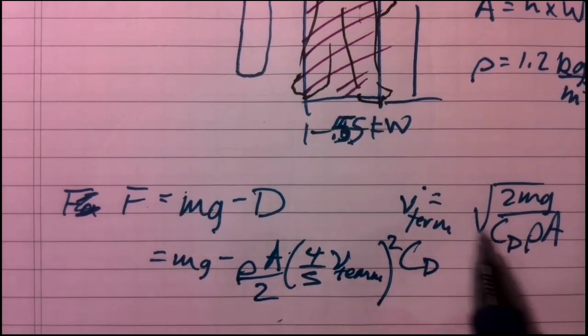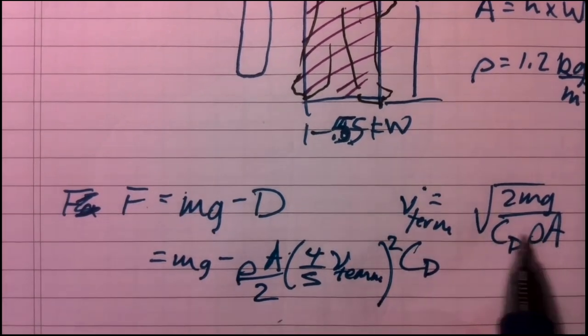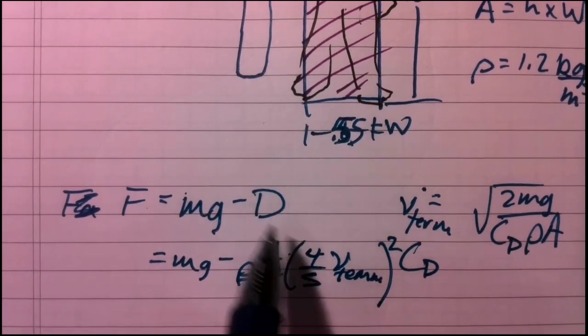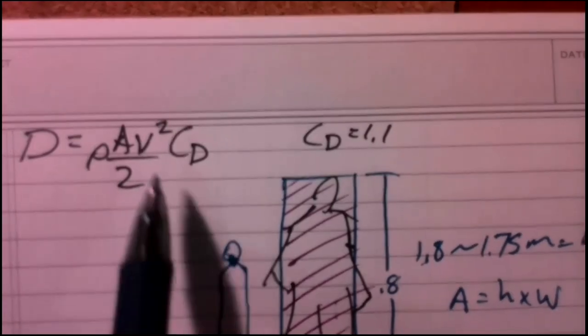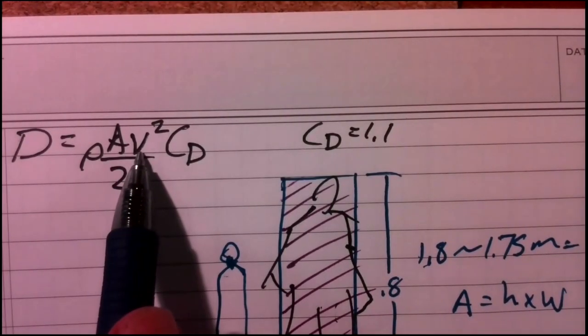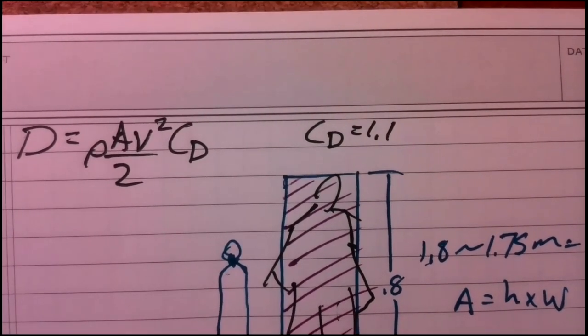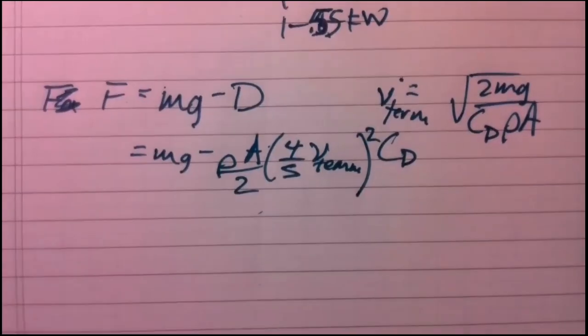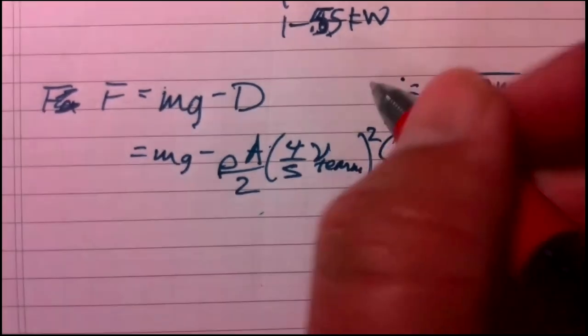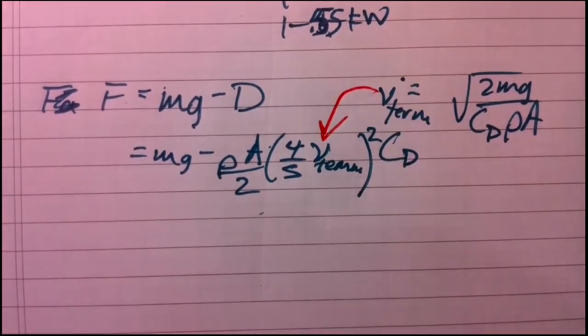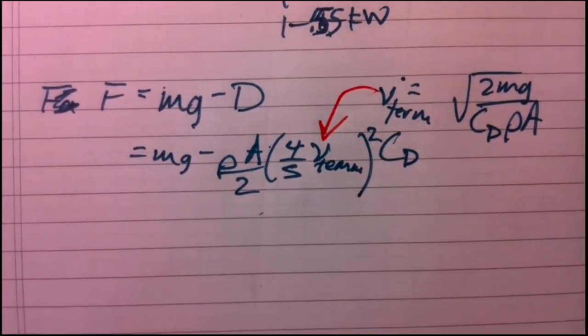The key for this problem is we have to recognize that in our force of drag, which is up here, we're going to be substituting in that 4/5 of the terminal velocity. Now we're going to take this and plug it into here. And we're going to substitute everything in now.